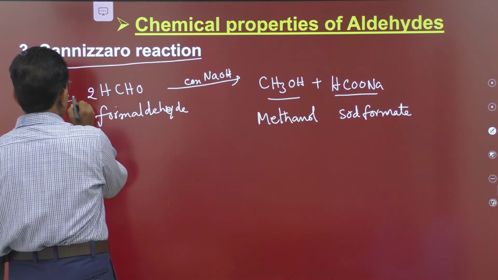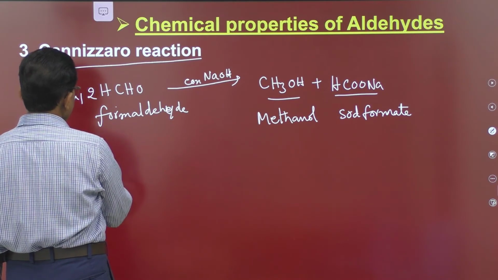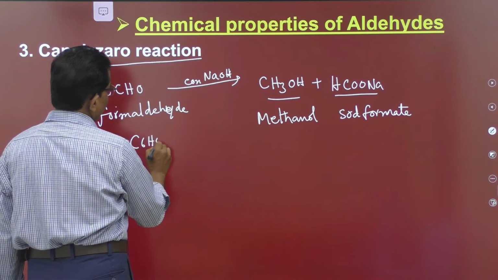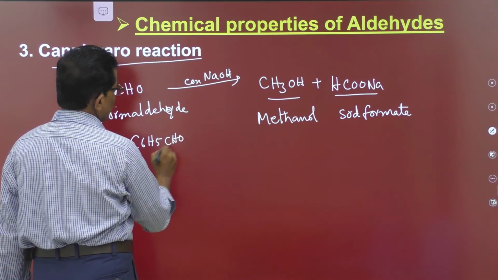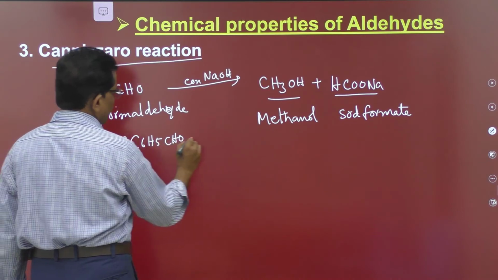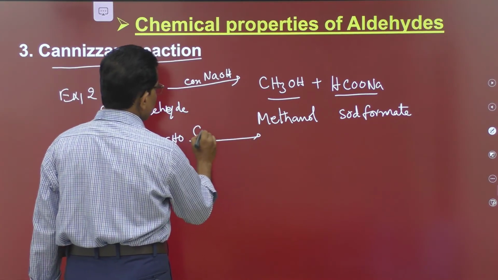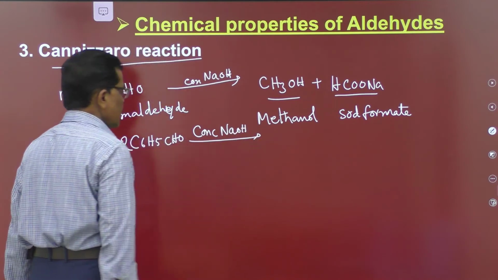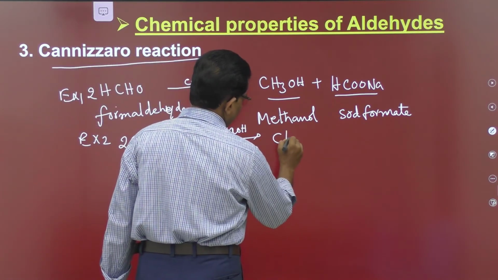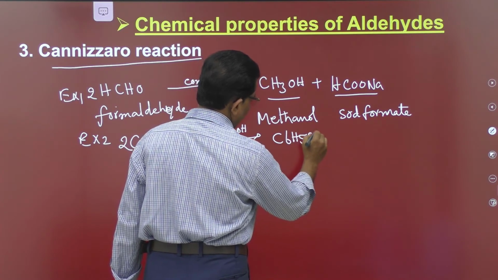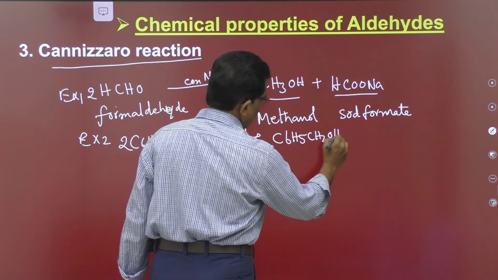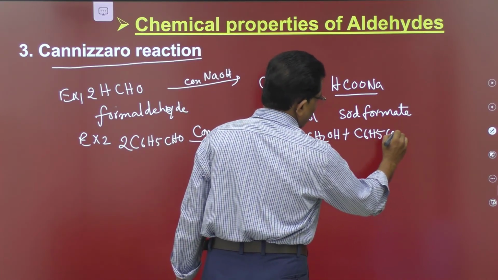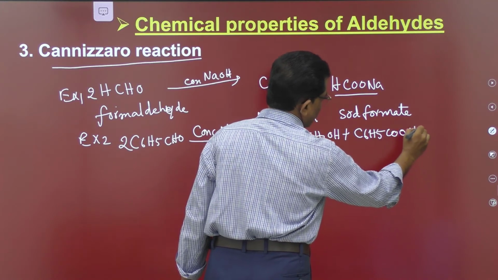This is example number 1. So I want to take another example which does not have an alpha hydrogen atom, that is benzaldehyde. 2 moles of benzaldehyde are heated with concentrated NaOH, and 1 mole of benzyl alcohol plus 1 mole of sodium benzoate is formed.